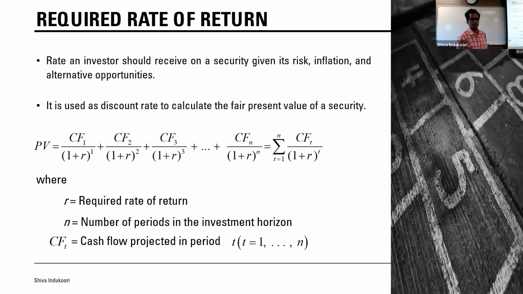I just generalized. For the first year, you'll be discounting the first year cash flow divided by 1 plus your required rate of return. Same is the case with the second year, third year, till the nth year. If your bond has a tenure of 10 years, do it for 10 years, divided by 1 plus your required rate of return whole to the power of 10. That will give you the answer.